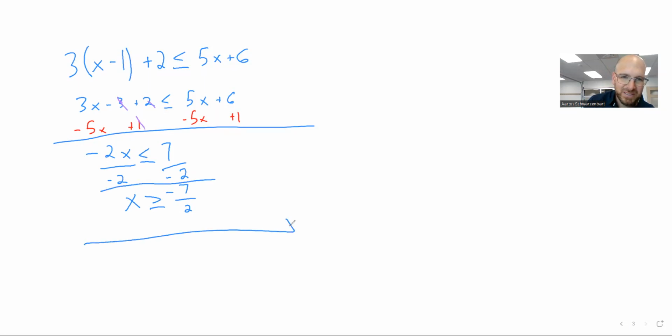If I'm graphing this on a number line, I always want the x on the left because then this faces as the direction that my arrow goes. 7/2 is 3.5. This is a closed circle, being an or equal to. And this arrowhead is the same direction as my inequality. Okay.